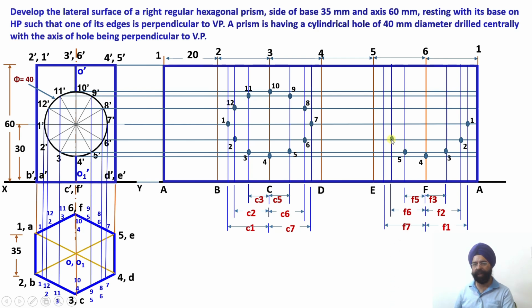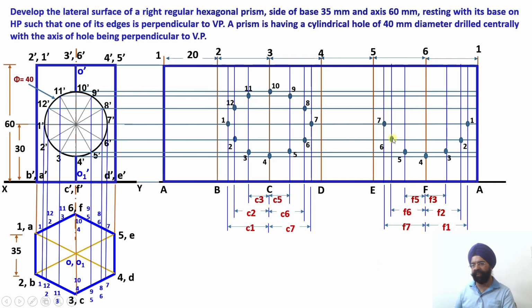Then this is my point 6, because horizontal projector through 6 dash, once you draw, you will be getting point 6 over here. Point 7, this is the vertical locus for F7. So horizontal locus through 7 dash, just check, it is going to lie over here. This is my location of point 7.